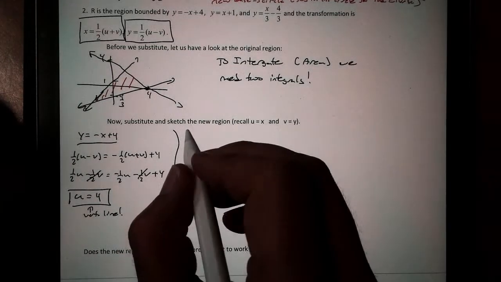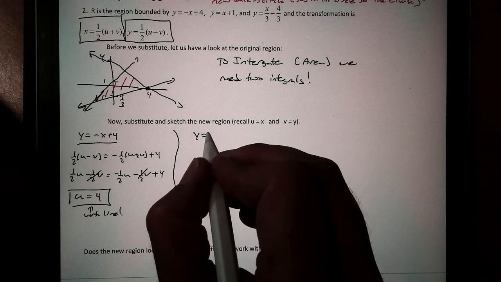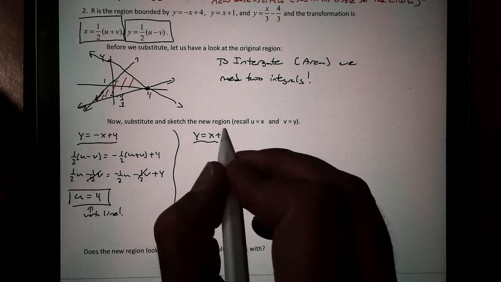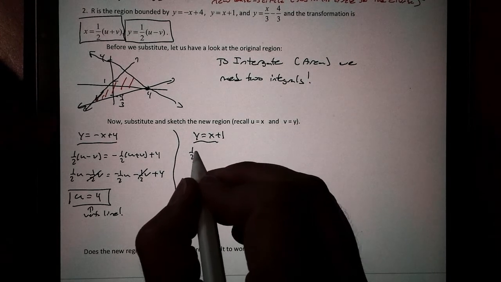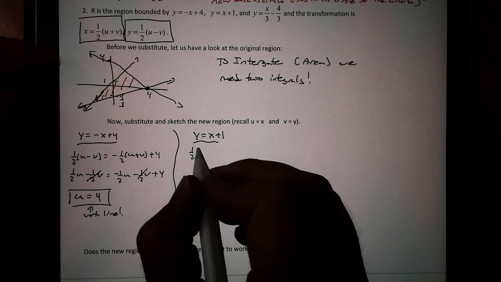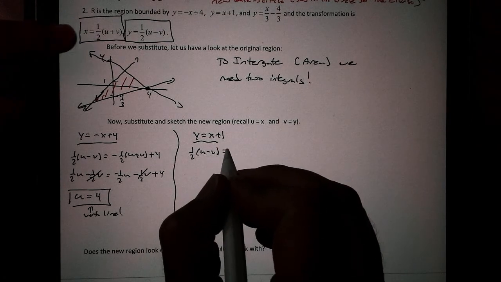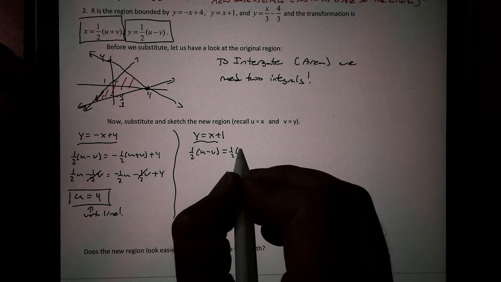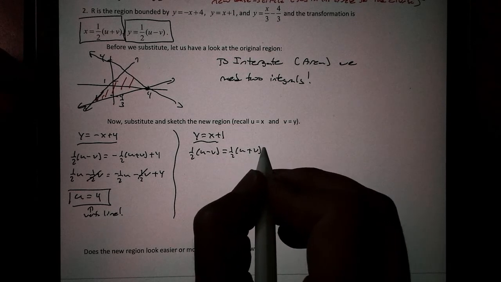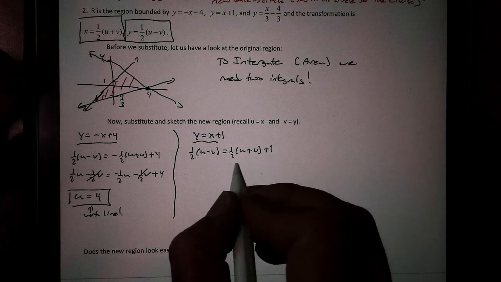Well, the next one was y equals x plus 1. Let's plug in here. We get 1/2 u minus v equal to x, 1/2 u plus v, plus 1 this time.